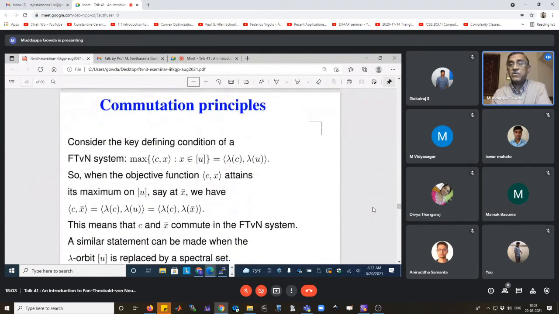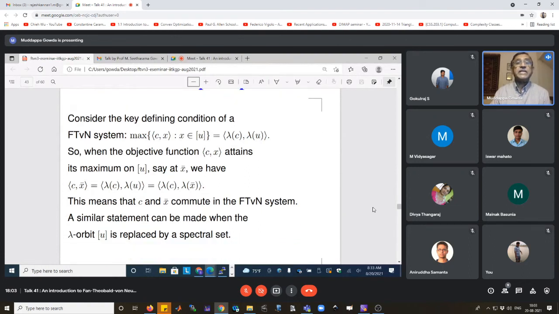Commutation principles. I'm going to be quick here. I see that I'm already over the time. Let us consider the key defining condition of an FTVN system: a certain maximum equals a certain value, lambda C dot lambda u.